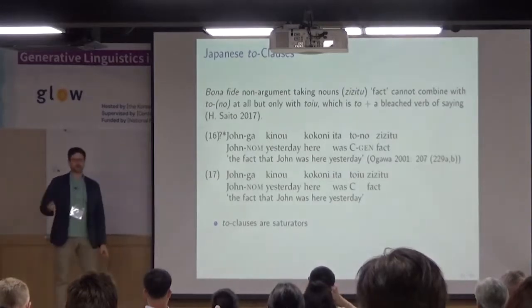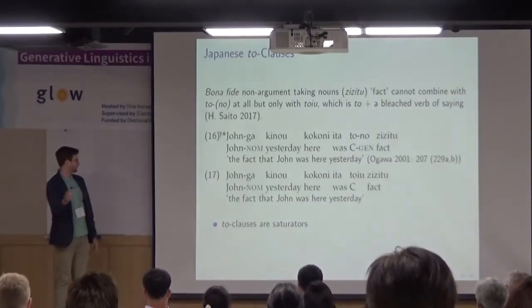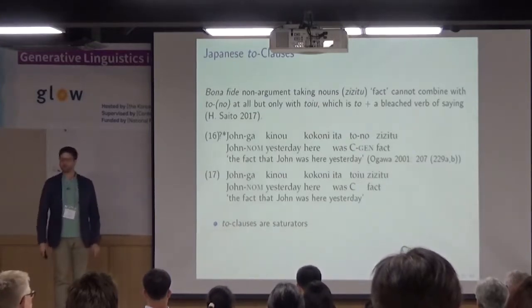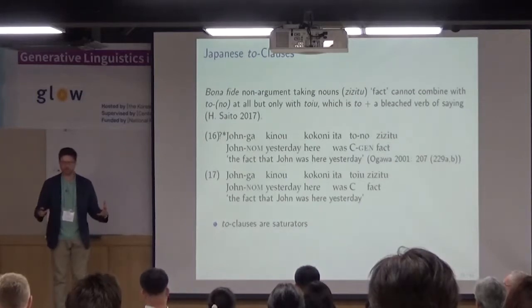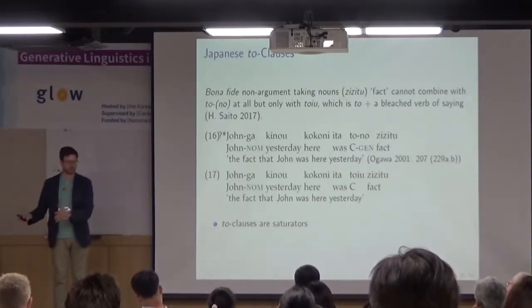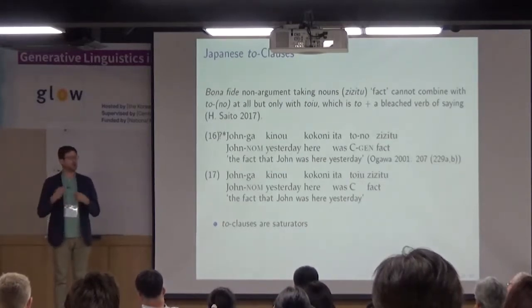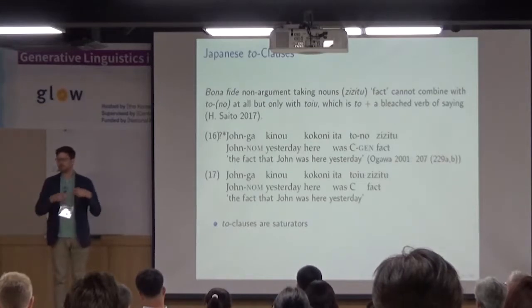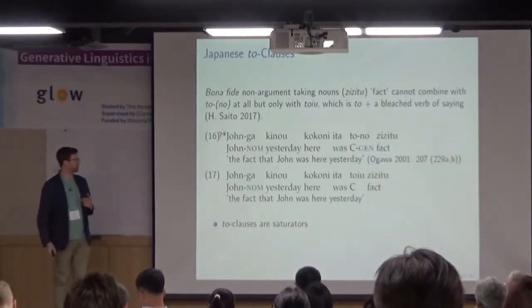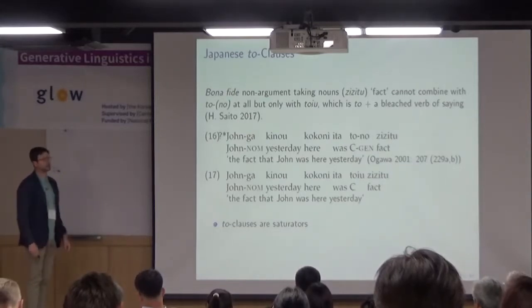You've got to add this extra little bit that's like a verb of saying. So the fact, maybe saying that he was here yesterday. But my point is, you've got to do something extra in this language. You can't just stick a toe clause with a noun. If it were a predicate, if it were like English, you'd expect it just to combine with the noun without any little rescuing operations. It doesn't.